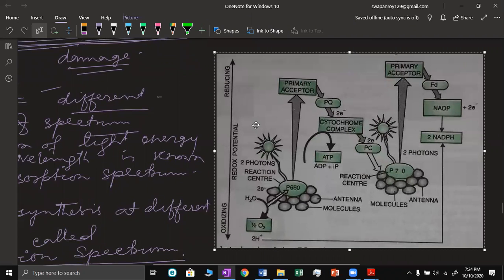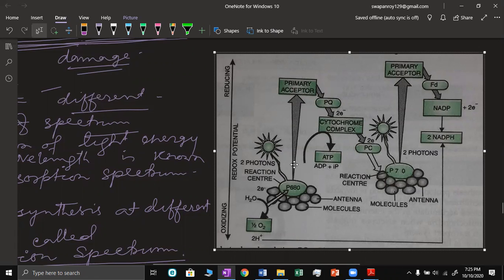See here, this diagram is showing a non-cyclic photophosphorylation. Here the light falls on the pigment system 2. When the light falls on the pigment system 2, it gets excited and ejects electron.